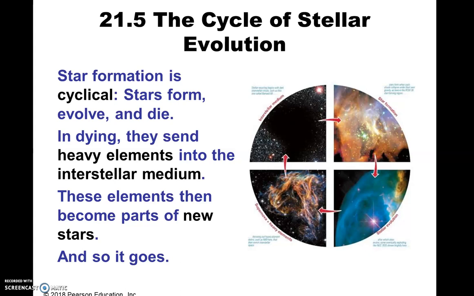We'll get into different types of galaxies a little bit later. But if you just think about the Milky Way for a little while, within the disk of a spiral galaxy like the Milky Way, heavier and heavier elements are being produced as stars die and spread that material out.